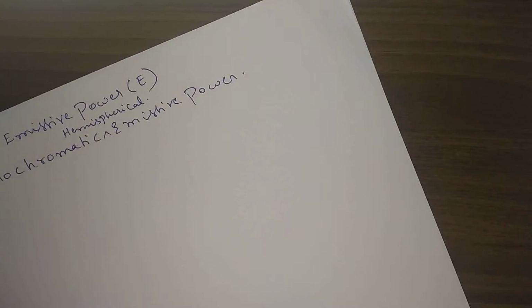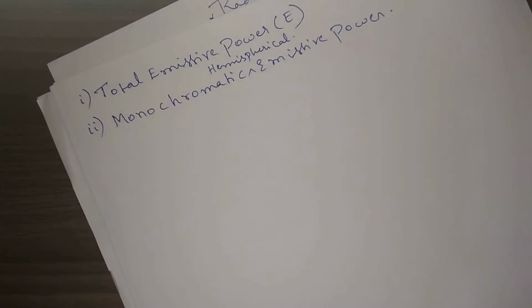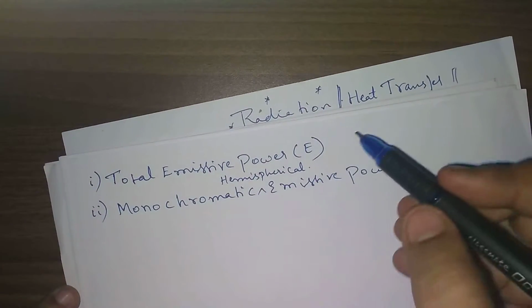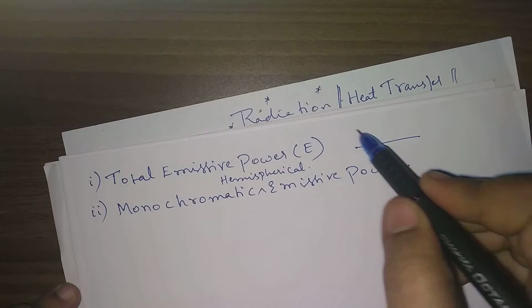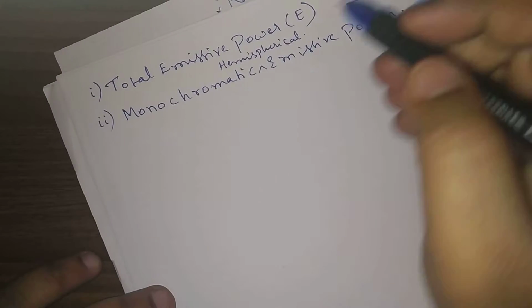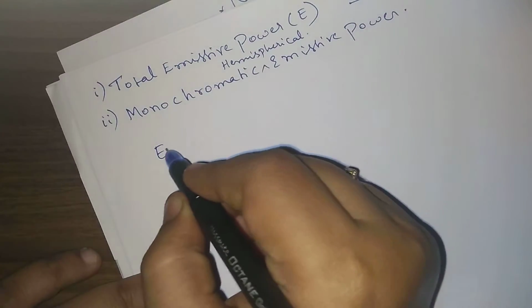Now, how do we define total emissive power? If we add up all the wavelengths, that is, the radiation emitted by all the wavelengths, then it is called total emissive power.